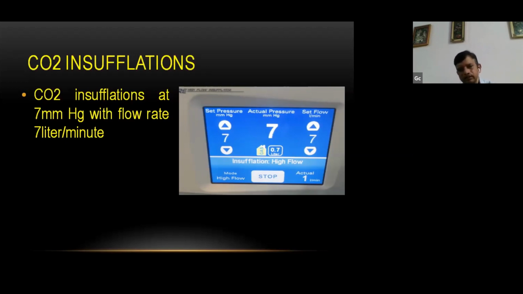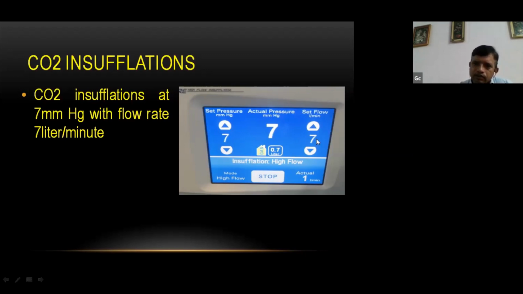So you can adjust accordingly. In the beginning start with 6 mm, and if there is difficulty in visibility, then increase the pressure a little bit, not for a longer time, for a few minutes, and then come down.